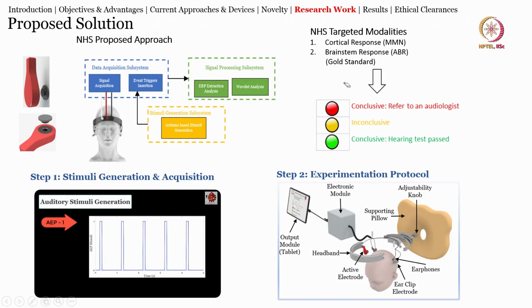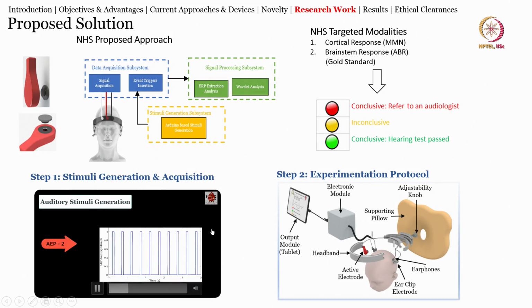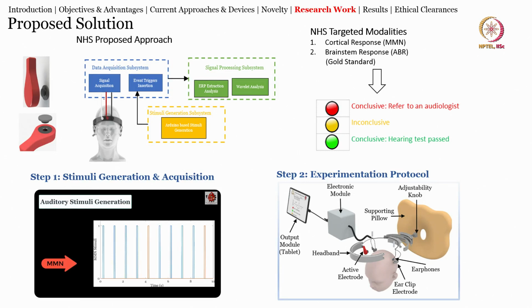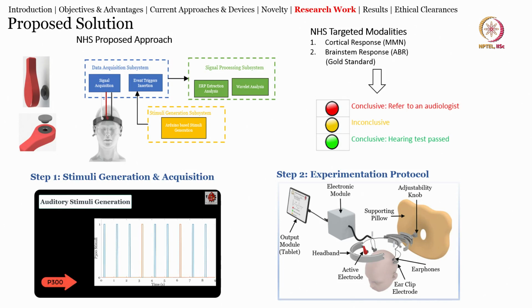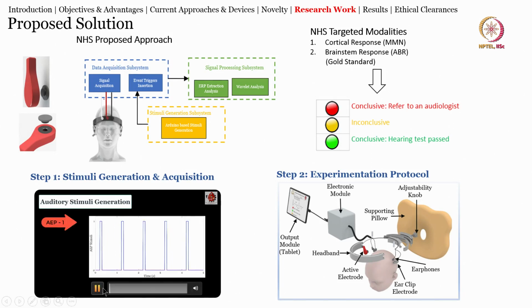Let me play once again for all of you how the auditory stimuli generation sounds. This is AEP, then mismatch negativity, where you see every fifth one is different, and then P300, which occurs randomly.